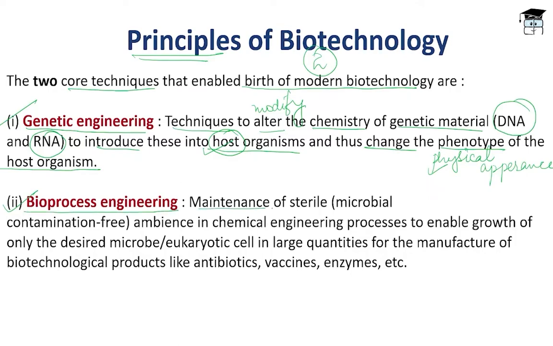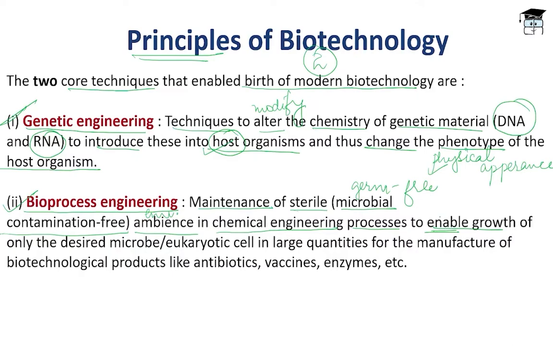It is the maintenance of sterile, sterile means microbial contamination free, that means germ free, right? Now, it is the maintenance of sterile ambience. What is ambience? Environment. In chemical engineering or genetic engineering, same meaning. Chemical engineering processes to enable growth.